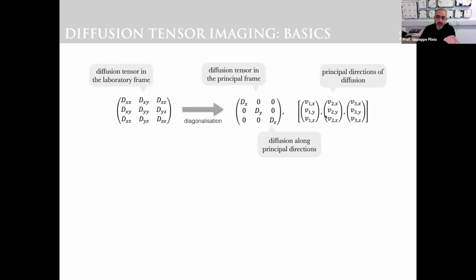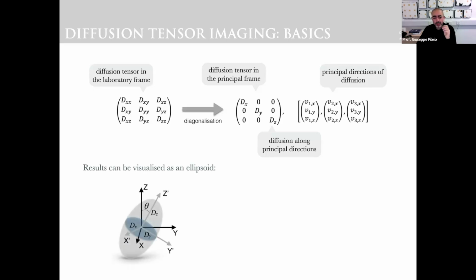You can visualize that, and people do that. It's nothing that we invented, obviously, it's been there for many, many years, through what is called the diffusion ellipsoid. So you basically build an ellipsoid whose axes follow the eigenvectors of the diffusion tensor, and the radii are proportional to, or exactly equal to, the diffusion coefficient in that direction.